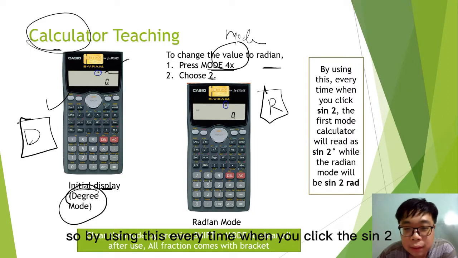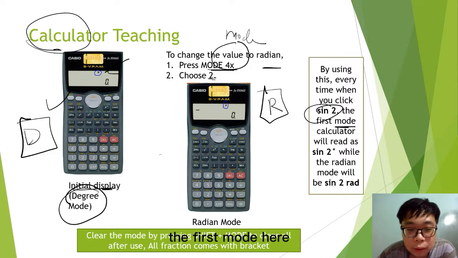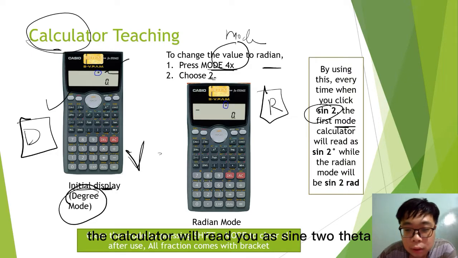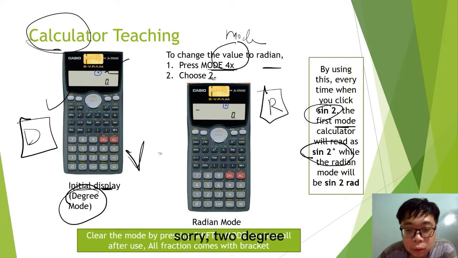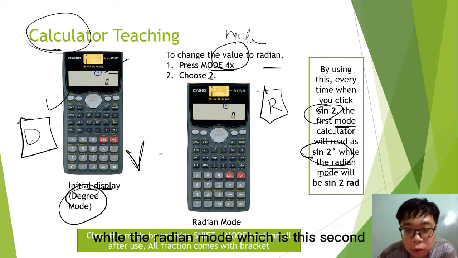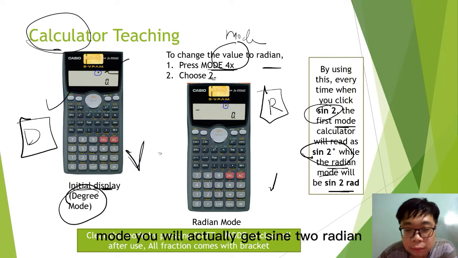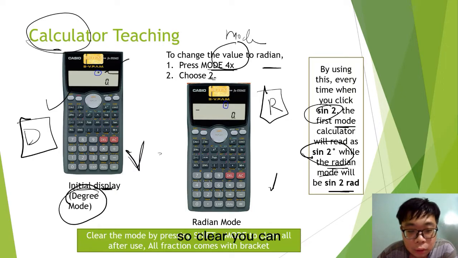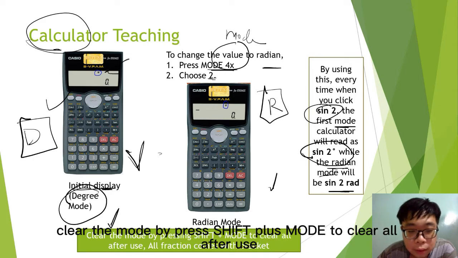Every time you press Shift and 2, in the first mode the calculator will read sine 2 degrees, while in the radian mode, the second mode, you will get sine 2 radians. You should always clear the mode by pressing Shift plus Mode to clear all after use.